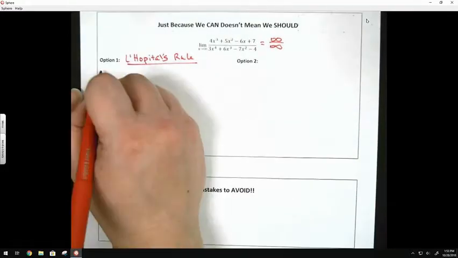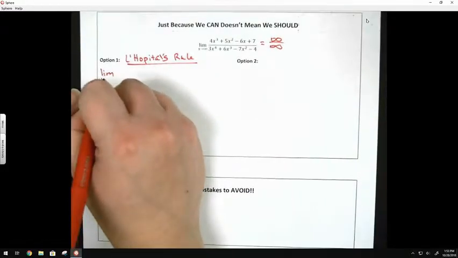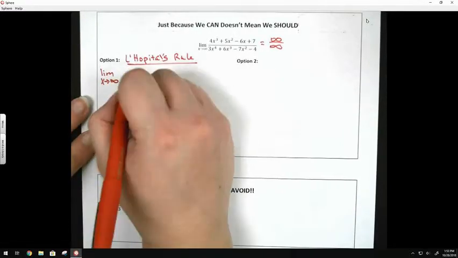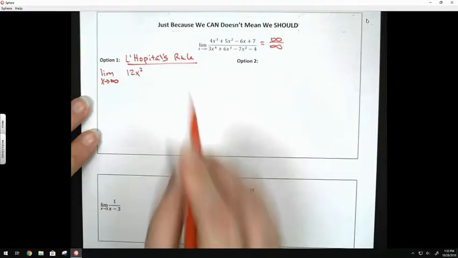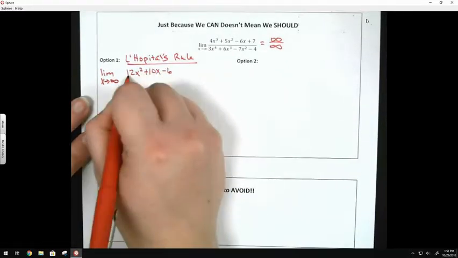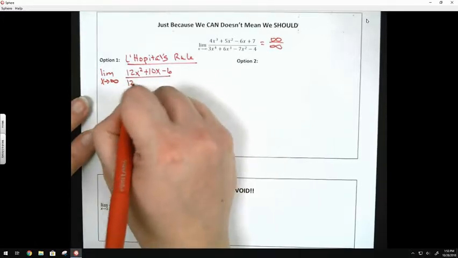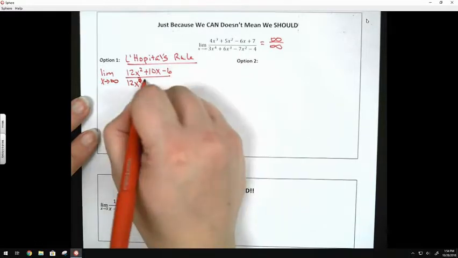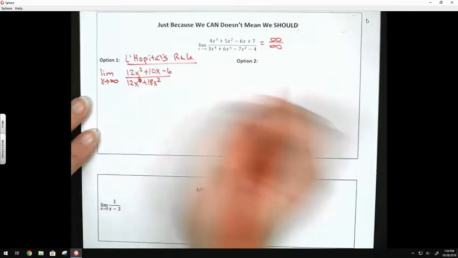So if I go ahead and do it, the limit as x approaches infinity, the derivative of the top is going to be 12x squared plus 10x minus 6 over 12x to the third plus 18x squared minus 14x.